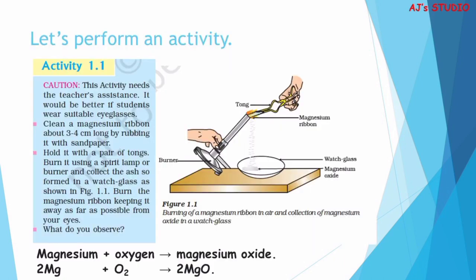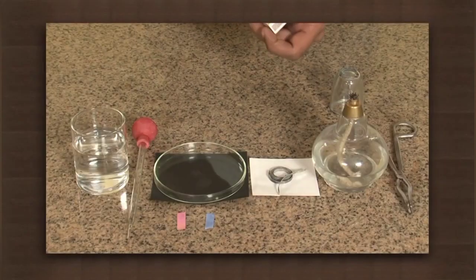For this activity, we need a pair of tongs, magnesium ribbon, burner, spirit lamp and watch glass. Now let's do an experiment. Watch it carefully. Take a matchbox and light the spirit lamp.